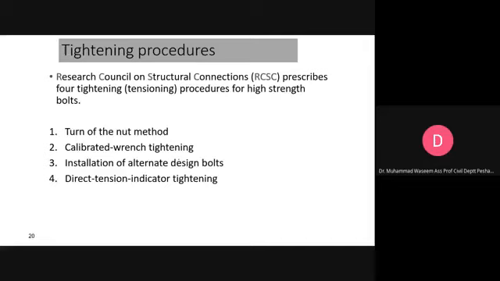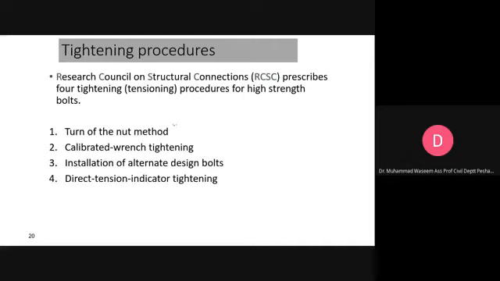As I told you, once we tighten the bolt, clamping forces will be produced along the faying surfaces, but there are different procedures. The Research Council on Structural Connections prescribes 4 tensioning procedures for high strength bolts.